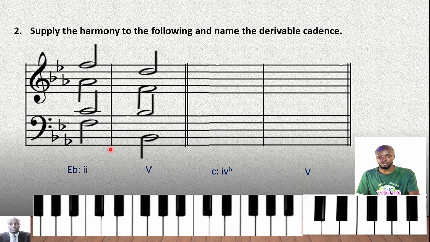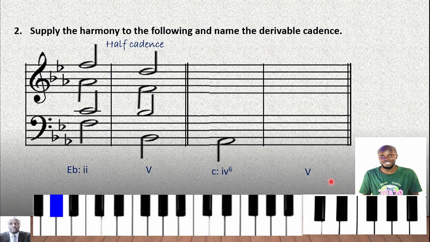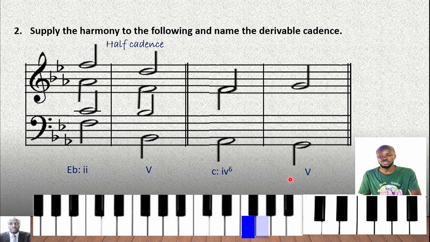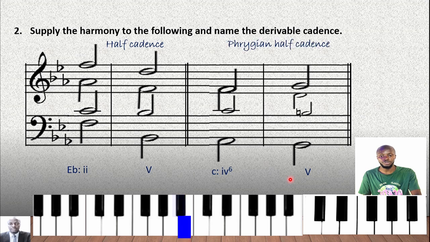Okay, now let's go to the next one. So we have this on C minor, right? That's the relative minor of E flat major. We have the first inversion of chord 4 of C minor, right? So we're talking about F, and of course, since it's the first inversion, we're looking at A flat. This is A flat, and chord 5 on C minor is G, right? And it's in root position, not inverted, so G. So let's see what happened to soprano, going this way, alto moving 2 steps down, and tenor going this way, right?